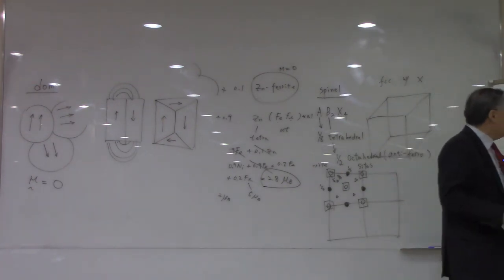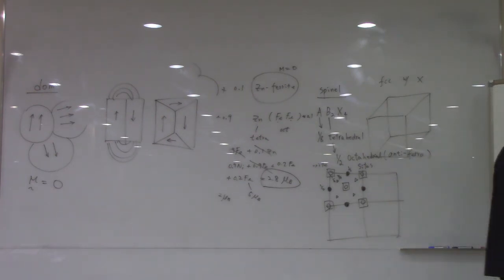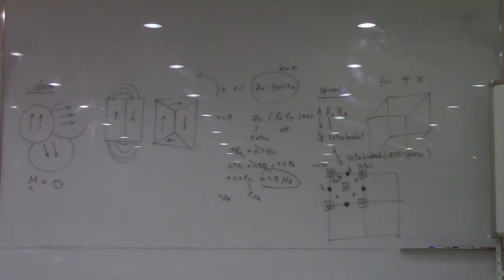So magnetocrystalline anisotropy energy can be said to be the magnetic interaction between the magnetic dipole and the crystal orientation, crystal structure. Okay?